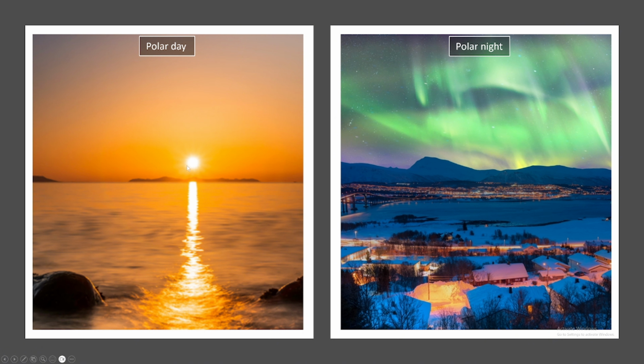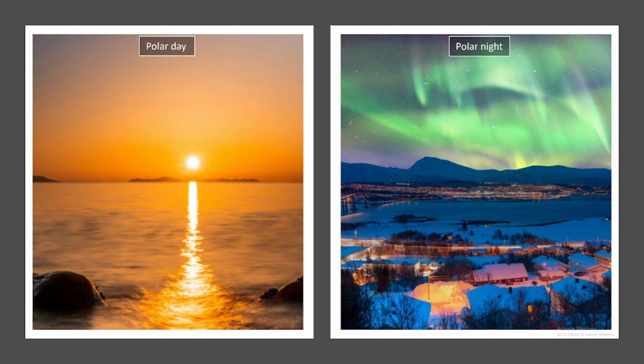The sun is near the horizon. It's not rising, it's not setting. Of course, the sun moves, right? It doesn't stay there. So the way the sun moves, it just moves horizontally around you for 360 degrees. And polar night is actually a long time that the sun will never rise.